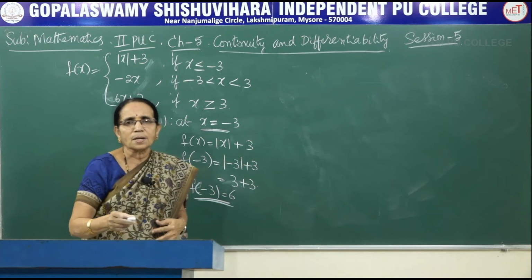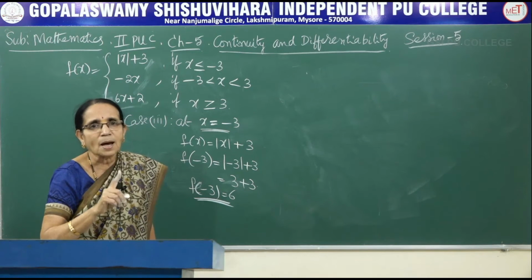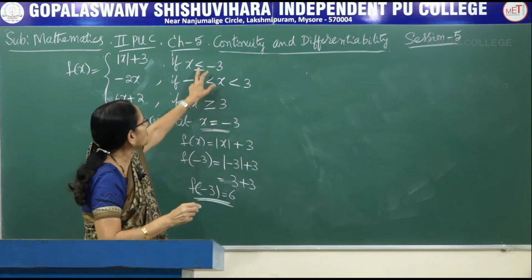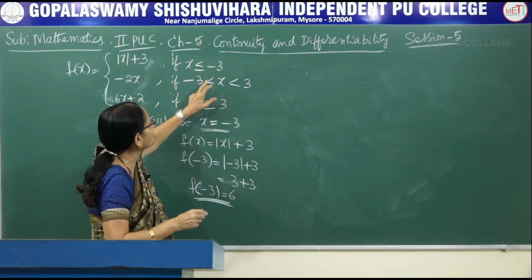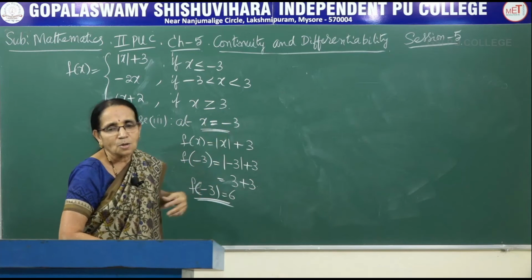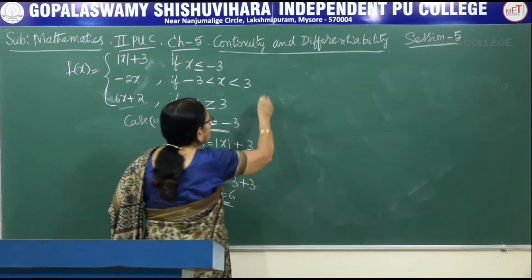So whenever you are calculating at a particular point, we have to consider the left hand limit as well as the right hand limit, depending upon the definition of the function. We are having inequality less than minus 3. Here minus 3 less than x means x is greater than minus 3. So we have to consider both the left hand limit as well as the right hand limit.